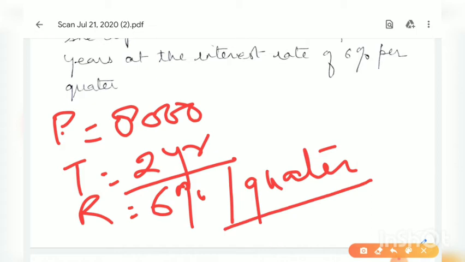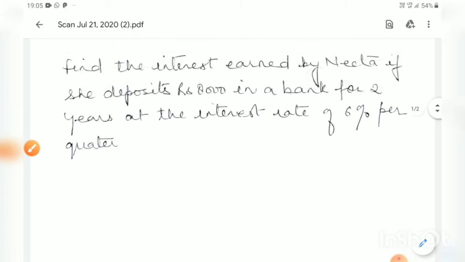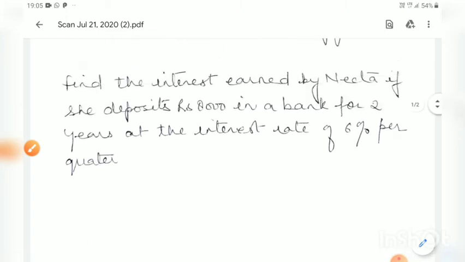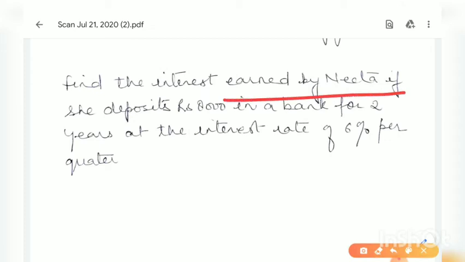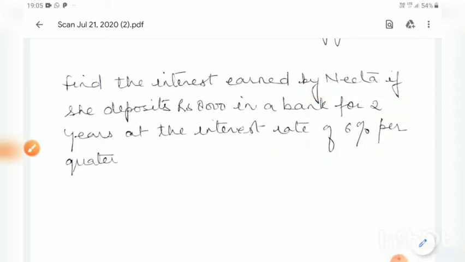Now in the question it is asked you have to find the interest earned by Neeta if she deposits 8,000 in a bank for 2 years at the interest rate of 6% per quarter. First, we will convert this 2 years in terms of quarters.